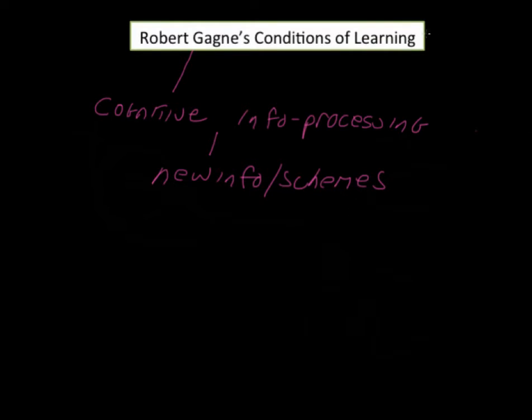Dick and Carey also, to a lesser degree, incorporate some constructivist views of learning. I don't know if you've studied this in any of your classes, but constructivism is a view of learning that considers learning to be a unique product constructed by each individual learner, where learners take new information and experiences, combine it with existing knowledge to make new mental representations of what's going on in their environment.